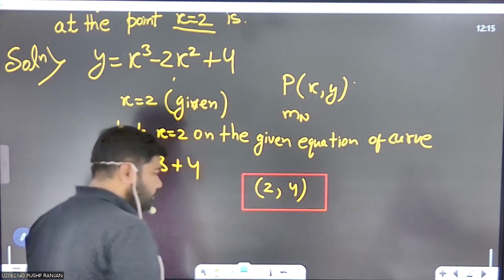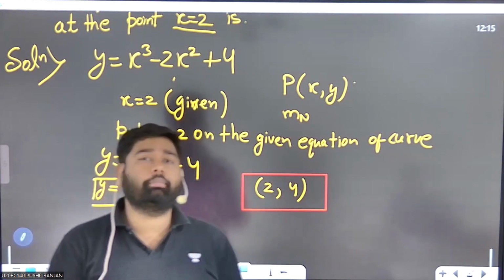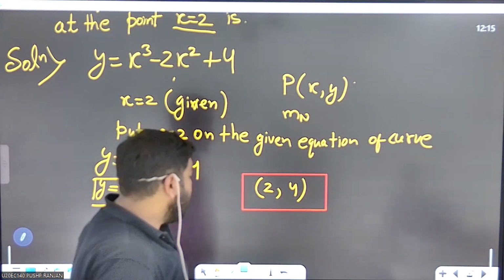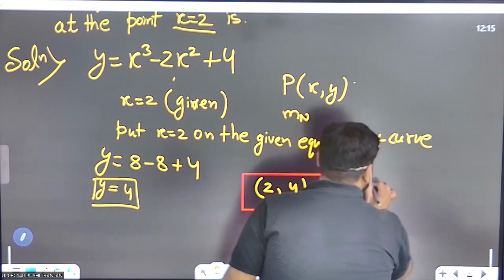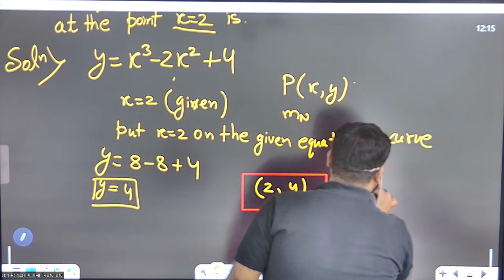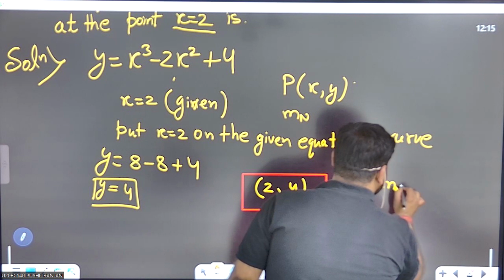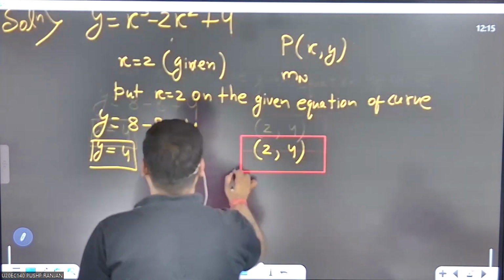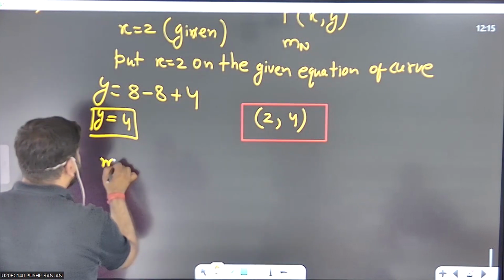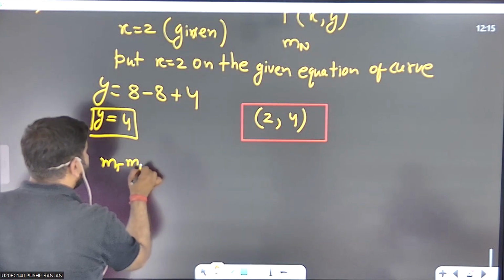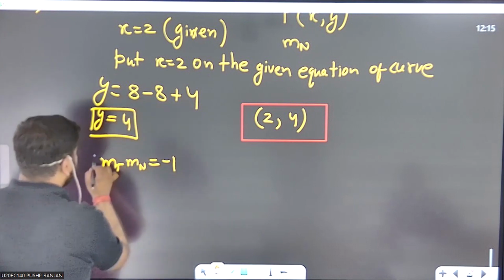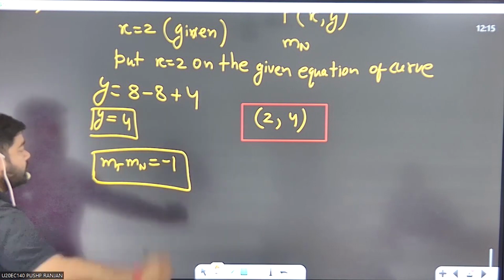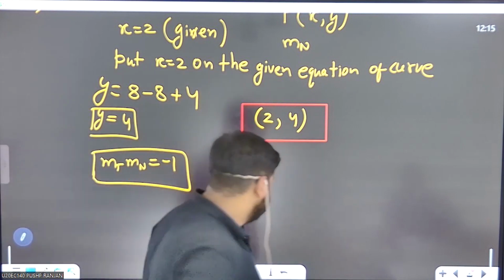For that, we have to find dy by dx. As we all know, the relation between mt and mn is mt times mn equals -1. We have to use this.